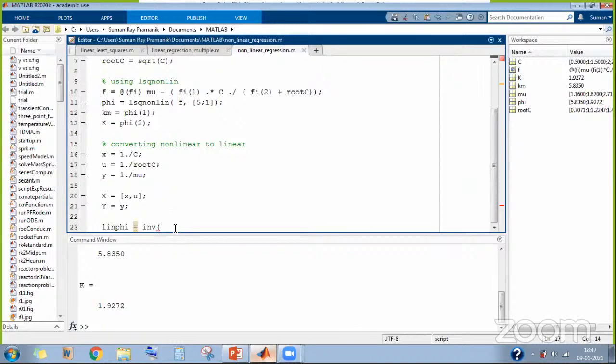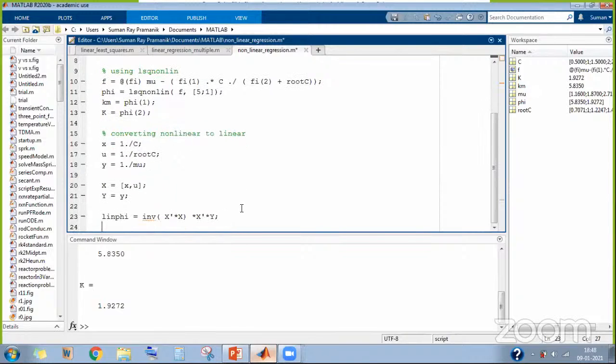Okay. So now it will be inverse of x transpose, capital X, into x, multiplied by x transpose once again into capital Y. So this is the equation that we have already done for multiple regression, and once again we are using it while converting nonlinear to linear.